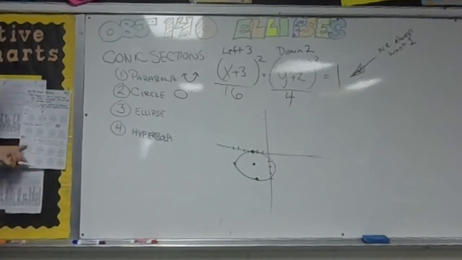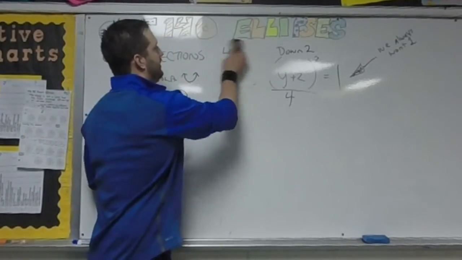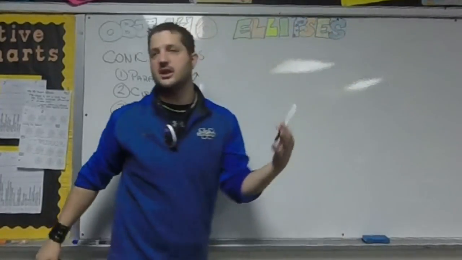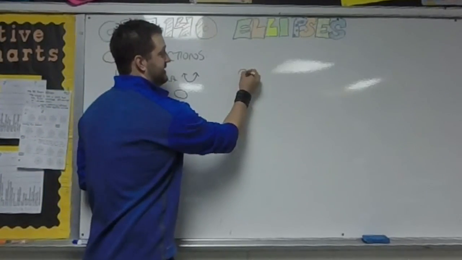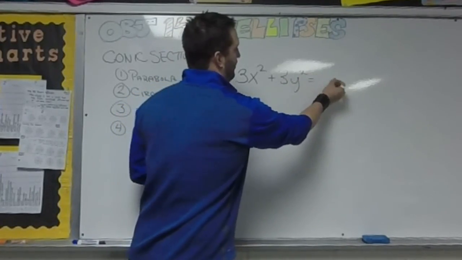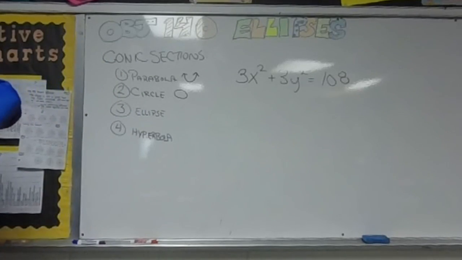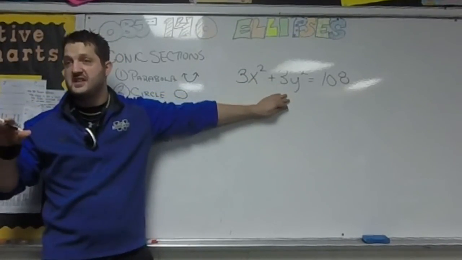All right, I think the next one up, this is where we get coefficients. Now we'll go back to yesterday real quick. Yesterday, what shape were we talking about? Circles. One example we had yesterday was 3x squared plus 3y squared equaled 108. Now, we knew this was a circle because the coefficients on x and y were the same.